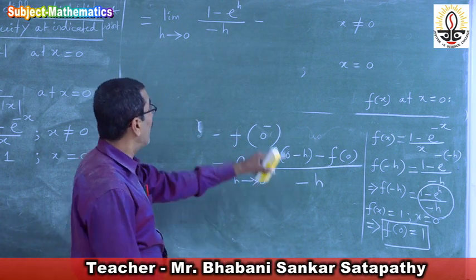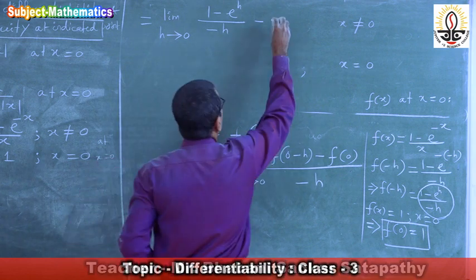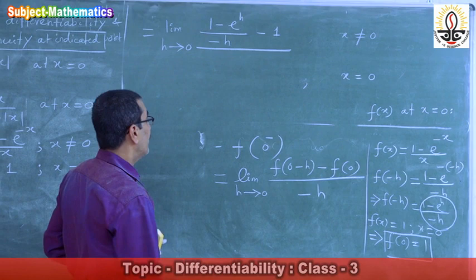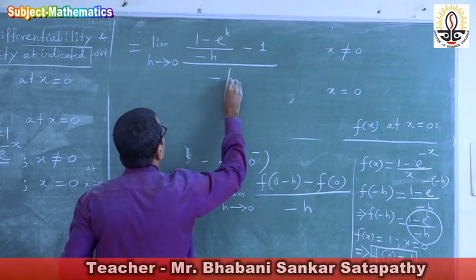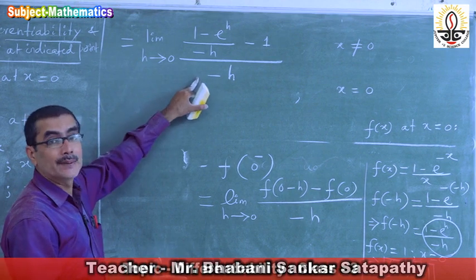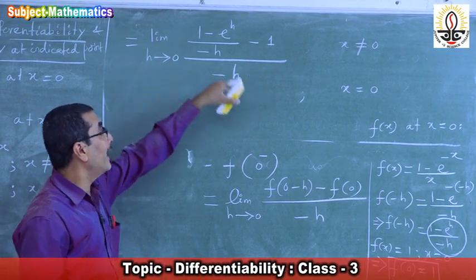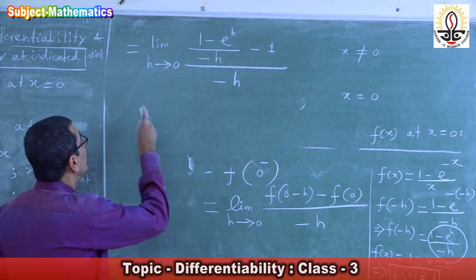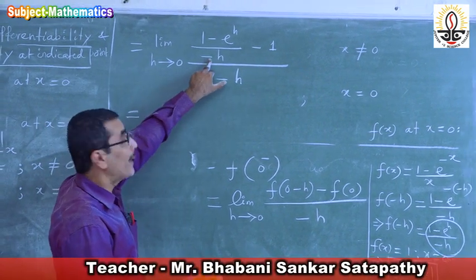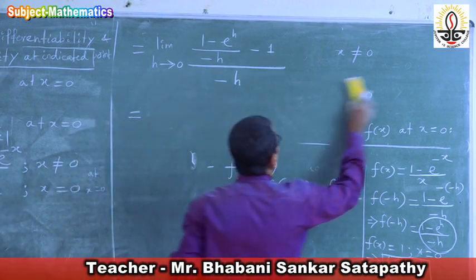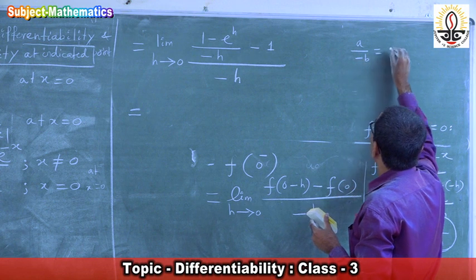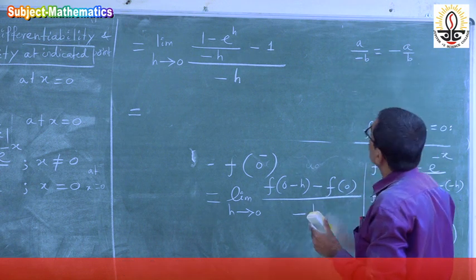Then minus, what will be this value? f of 0 is equal to how much? 1 divided by minus h. Now our work is to simplify this function. Now see, a divided by minus b is nothing but minus a by b.